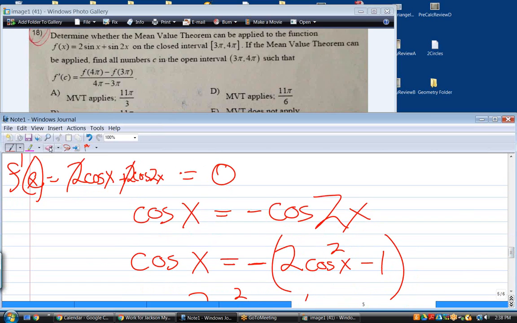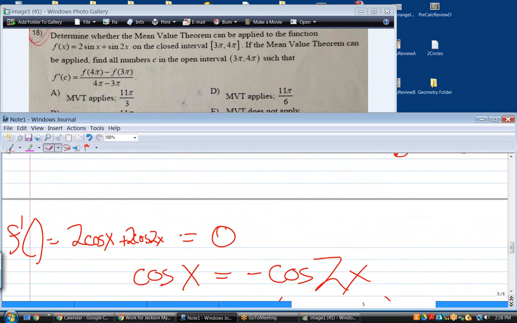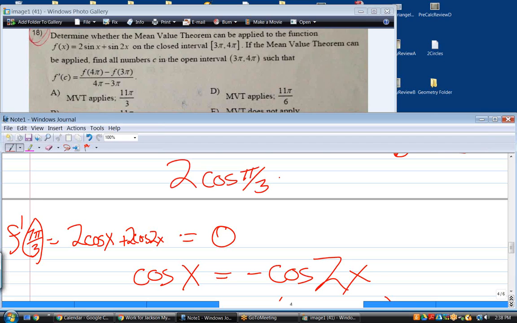So here's our function. Here's what f prime of x is. Well, let's figure out what f prime of what I think the answer is, 7 pi over 3. Is that equal to 0? Well, 7 pi over 3 is the same as pi over 3. So we have 2 cosine of pi over 3 plus 2 cosine of 2 times pi over 3. Is that equal to 0?